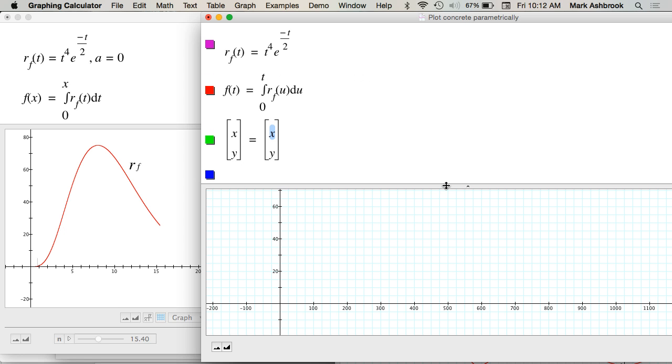Agree with that? What did we put on the horizontal axis? Volume, right? So for x, I'm going to put f of t. And then we want the y coordinates to be r sub f. Makes sense, right? So we're just going to graph the set of all points whose horizontal coordinate is the volume, f of t, and whose vertical coordinate is the rate.